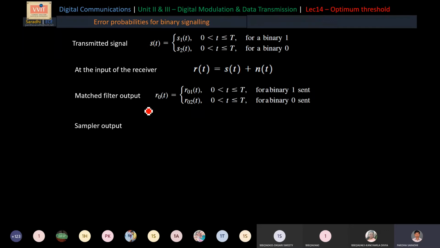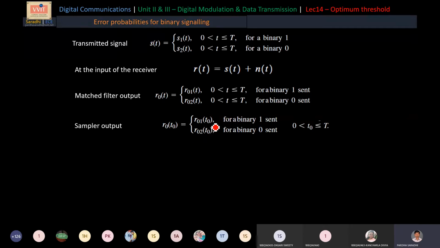Right, the matched filter principle we have not yet studied, but suppose its output is R0 of T. R0 of T is R01 like S1. This O stands for output of matched filter; 1 stands for one bit, 2 stands for another bit. So it is either R01 of T or R02 of T in the given bit interval. Now, this matched filter output we are sampling just like we have shown in the previous slide.